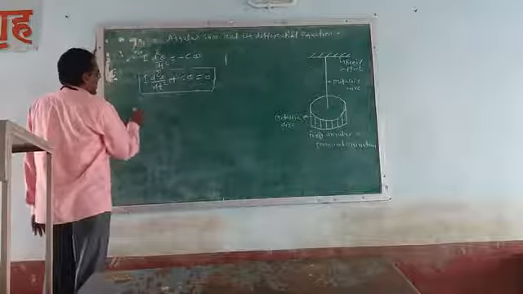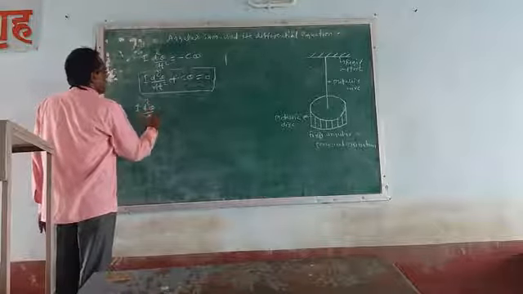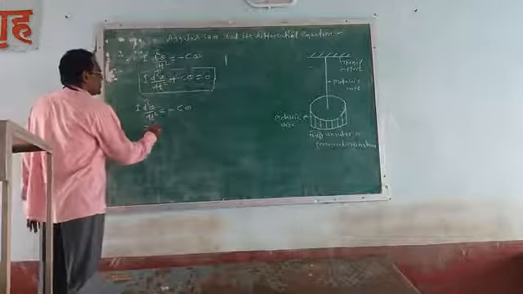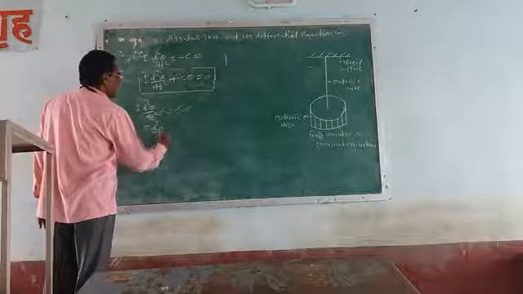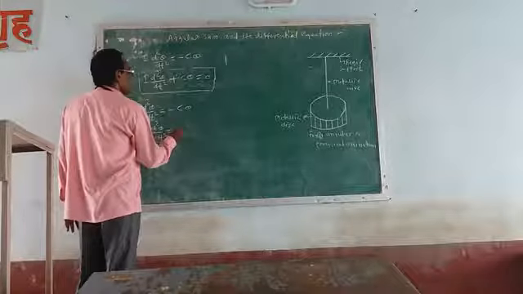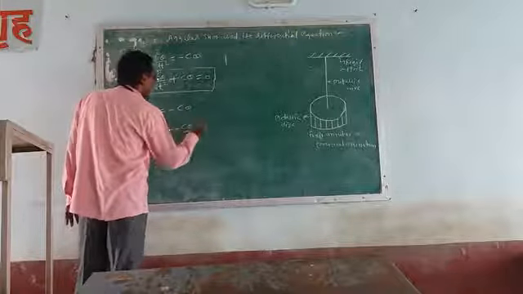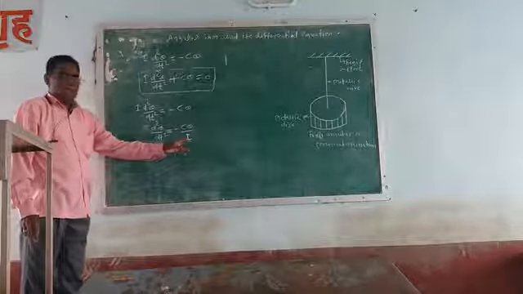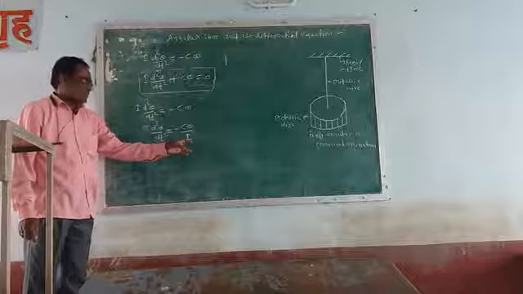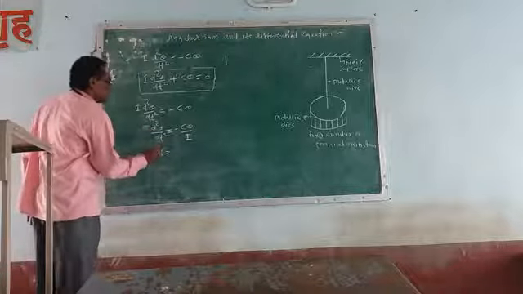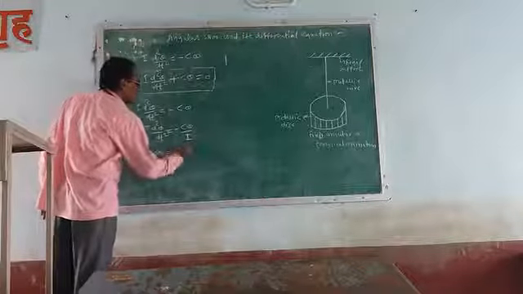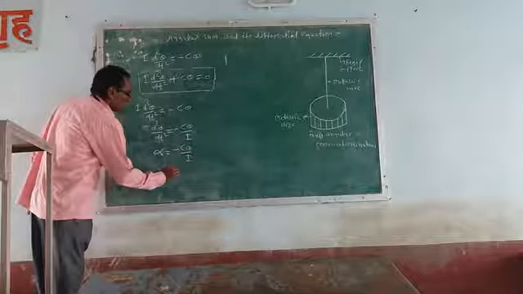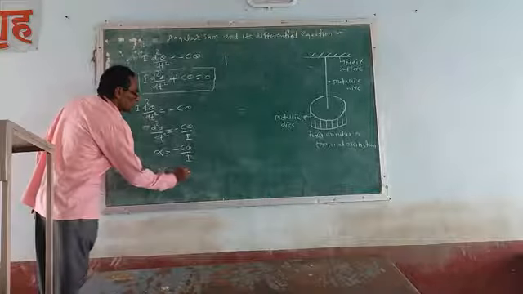From this equation, I into d square theta divided by dt square is equal to minus c into theta, so d square theta divided by dt square is equal to minus c theta divided by I. As the constant of proportionality c and the moment of inertia I are constants, we know alpha is equal to d square theta divided by dt square, so alpha is equal to minus c theta divided by I. Alpha is directly proportional to minus theta.